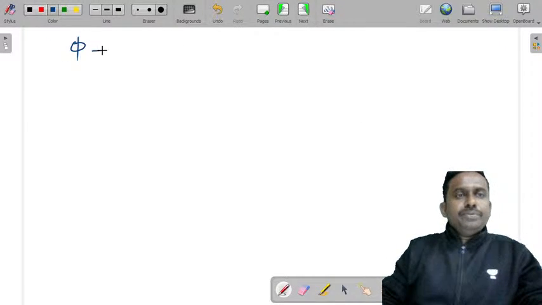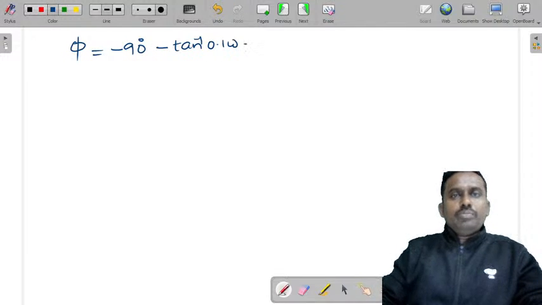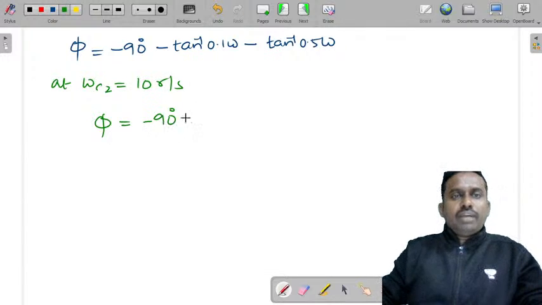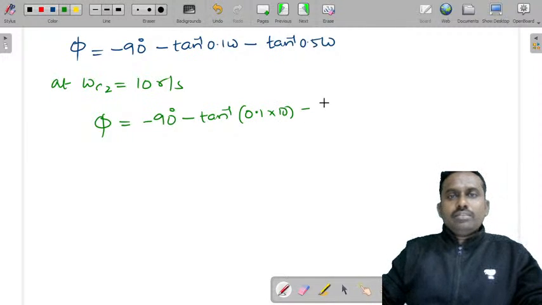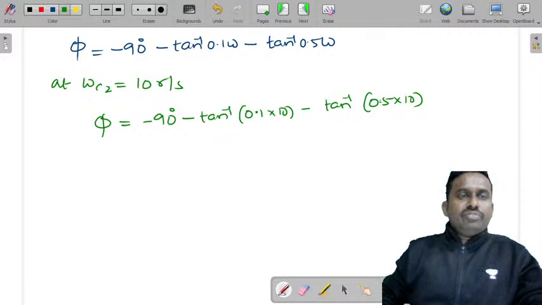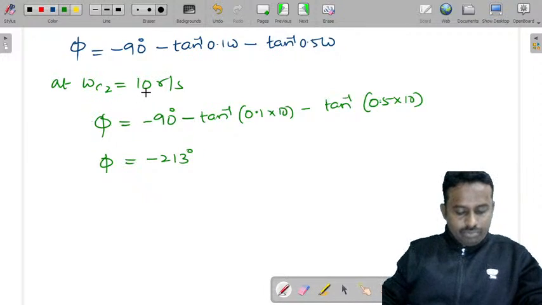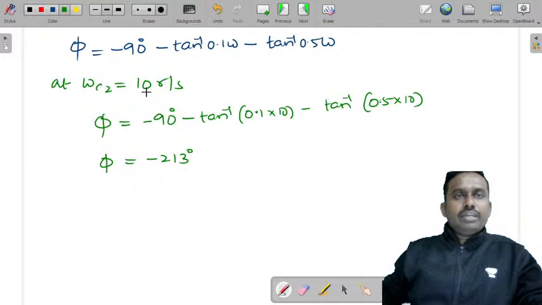Now at the third corner frequency, omega C2 equal to 10 radian per second, phi is equal to minus 90 minus tan inverse 0.1 into 10 minus tan inverse 0.5 into 10. So you'll get a phase angle of minus 213.6 degrees. Let's write that.